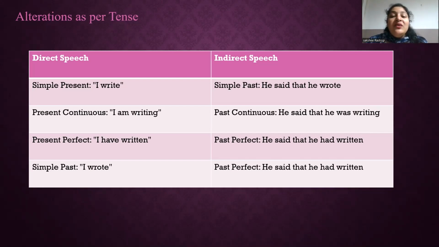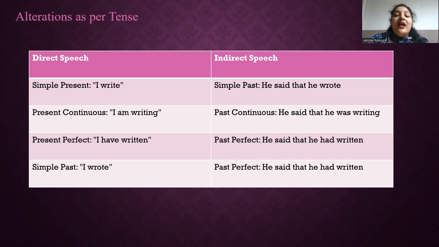In present continuous, if you're writing, that I'm writing. Past continuous shows that he said that he was writing. Present perfect shows that I have written. In past perfect, he said that he has written. Simple past, I wrote. In past perfect, he said that he had written.